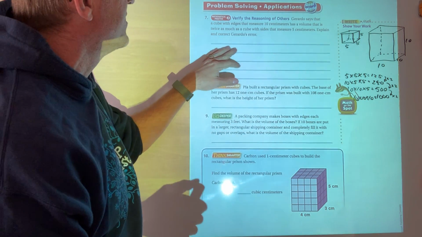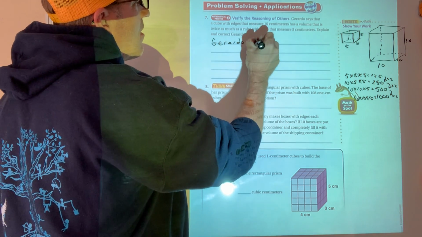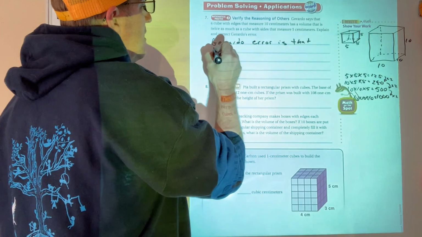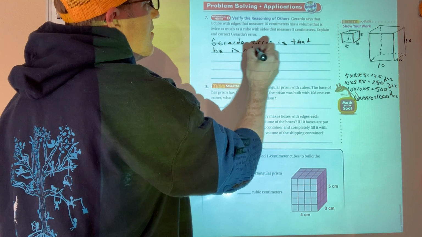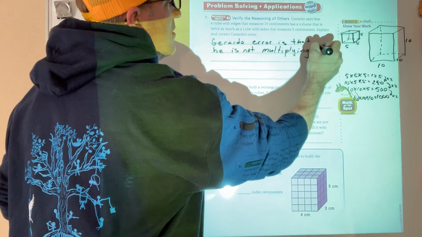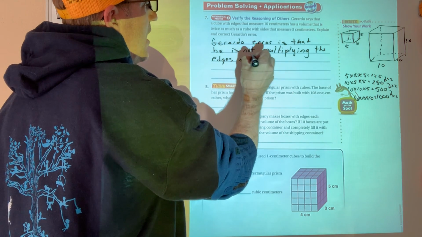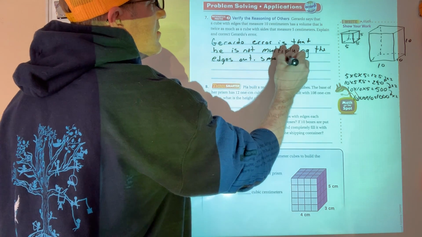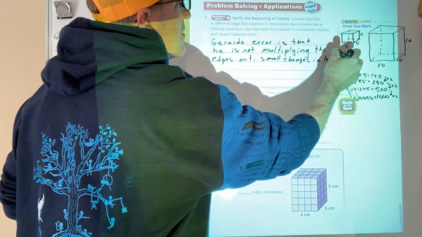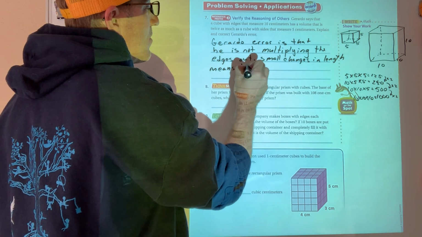So Gerardo's error is that he is not multiplying things out. Small changes in length mean big changes in volume.